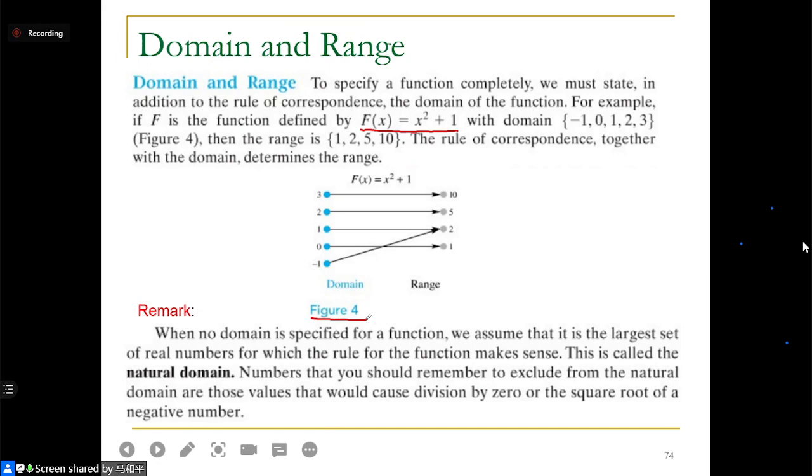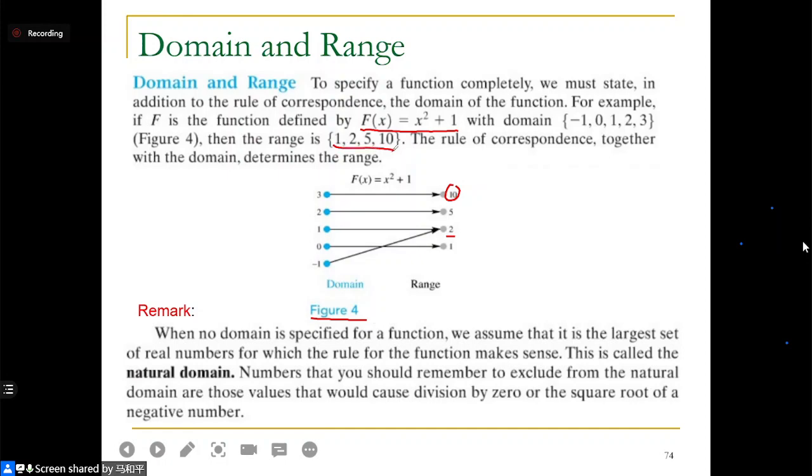Then the range: if input is -1, we have output 2, right? Input is 0, output is 1. Input 1, output 2. Input 2, output 5. Input 3, output 10. So we have the range {1, 2, 5, 10}, right?